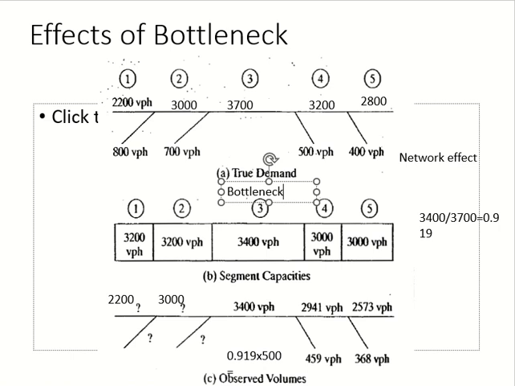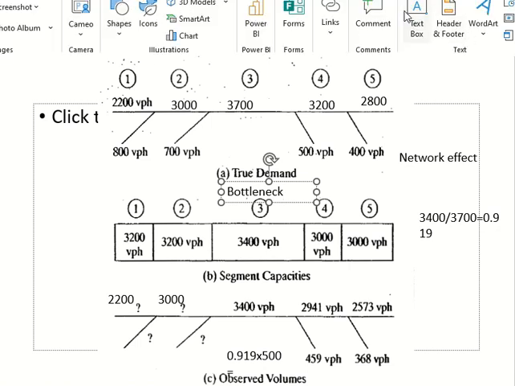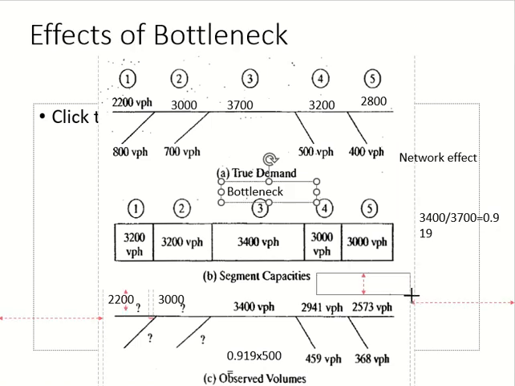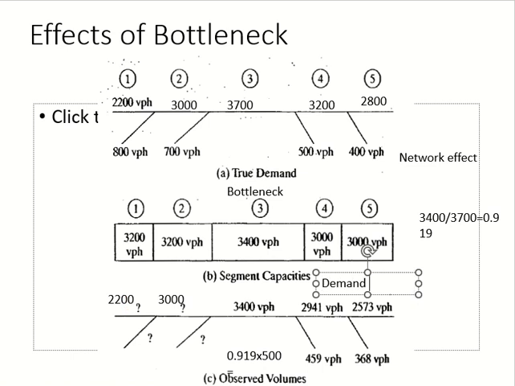In this case, I have a volume which is less than the demand and even less than the capacity. This phenomenon is known as demand starvation. Volume becomes less than demand and less than capacity. This is called demand starvation.